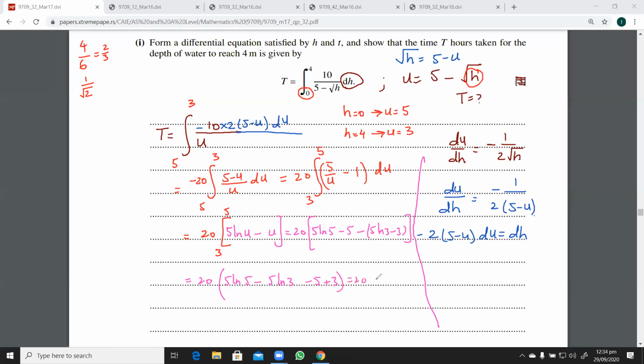So I have 20 into 5 ln 5 over 3 minus 2. So you can leave it like this, but if you have to give your answer correct to 3 significant figures, I think this is going to be 11.1 hours.